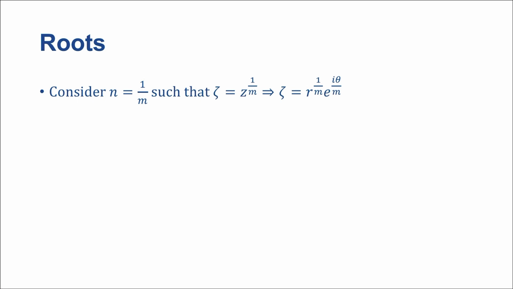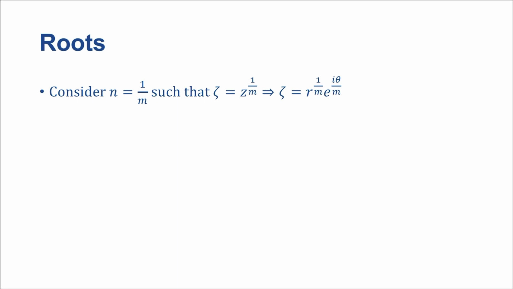And we're going to find roots, and we're going to call these roots zeta. So zeta, this squiggly Greek letter, is what we are going to denote as being one of the roots of z. It's going to be the mth root of z. So if, for example, I want to find the square root of z, then it's going to be z to the 1/2, and then zeta will be the second root.